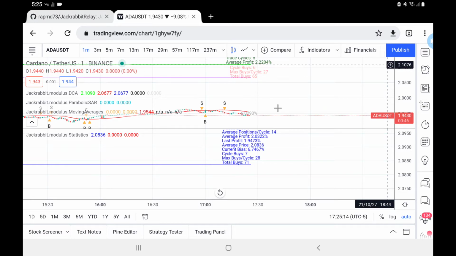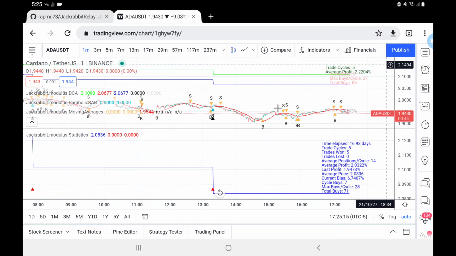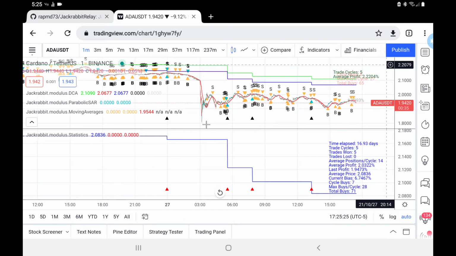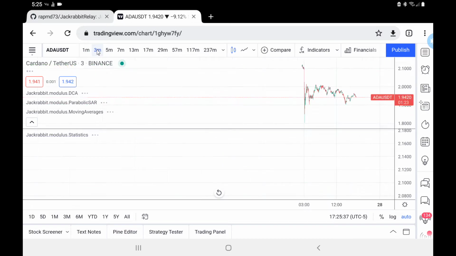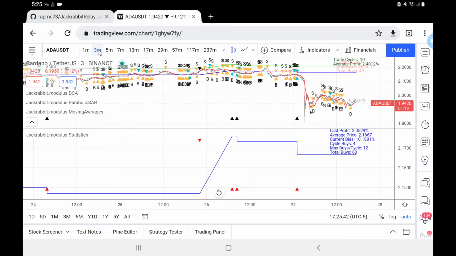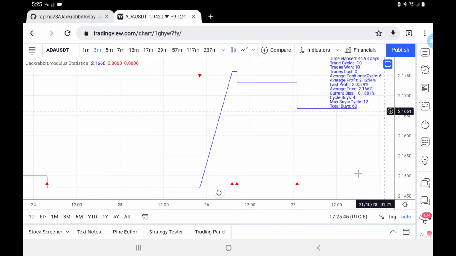But now that we've looked at this a little bit, let's actually go look at some coins. And I don't know that ADA is a good choice in coins, even though it's one of my favorites, unless you have the budget to sustain the number of positions on average. But the one thing I do want to do before we go too far is show you how this recipe changes with different time frames. I'm going to go to the statistics module.